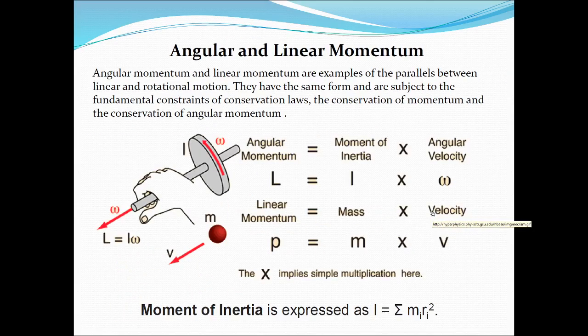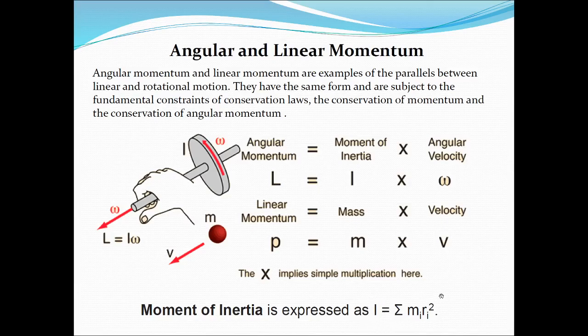Next, this is the relationship between the angular and linear momentum. The angular momentum is L is equal to moment of inertia times angular velocity. The linear momentum P is equal to mass times V. You really have to remember this and study it back if you have forgotten what you learned in the previous semester.